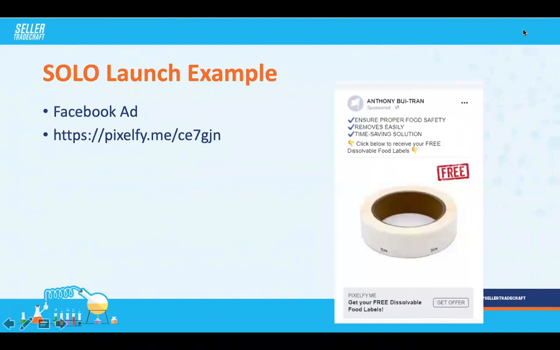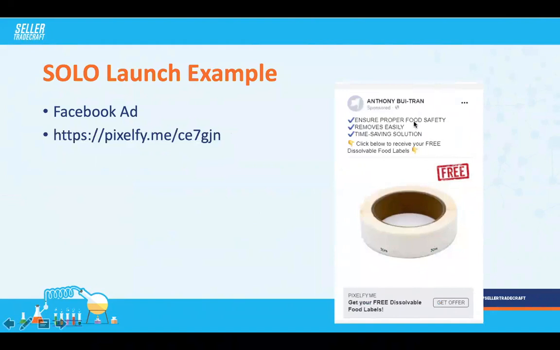So this is an example of a Facebook ad. So dissolvable food labels. If you're not familiar with this, this is kind of like what chefs use on some of their boxes outside. It's a food label for food prep, and it just washes off in the water if you need to use it. But this is going to be an ad that, for example, a customer sees, right?